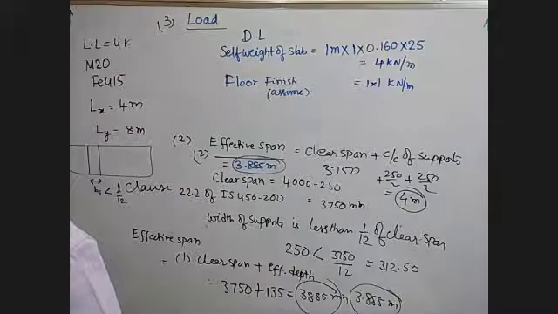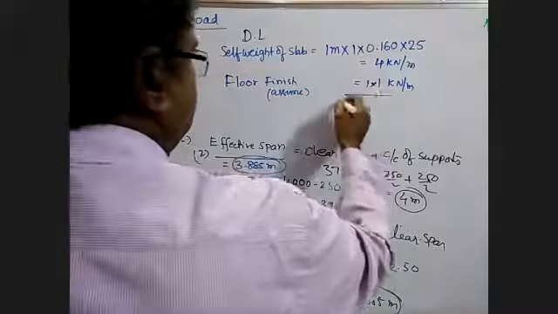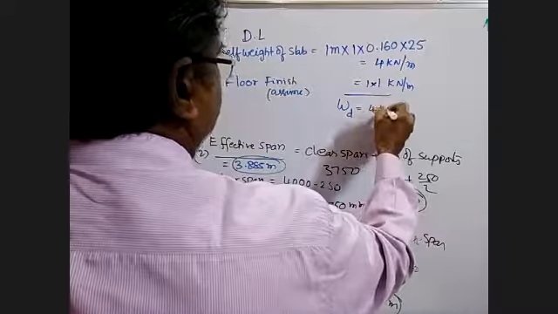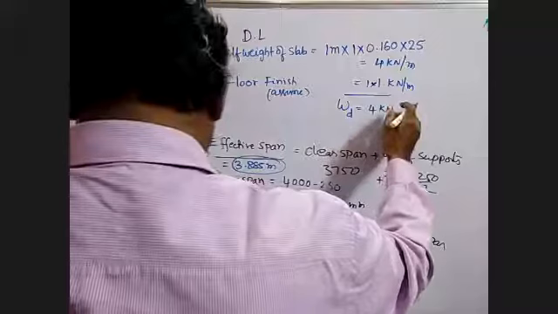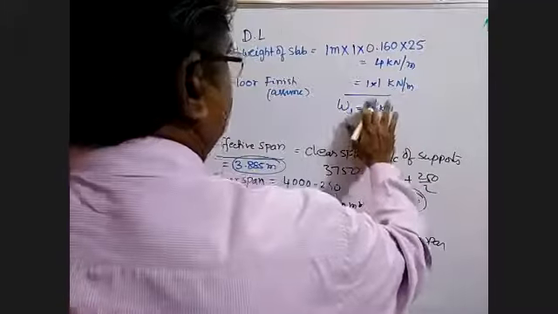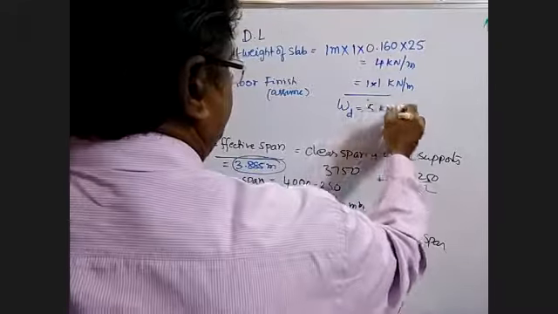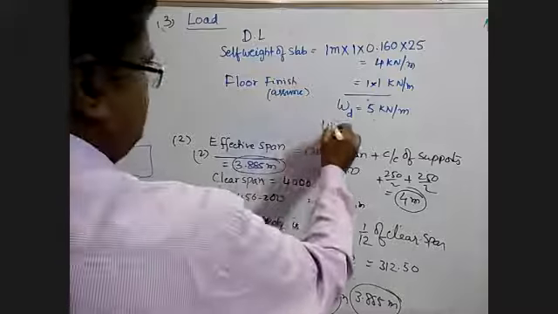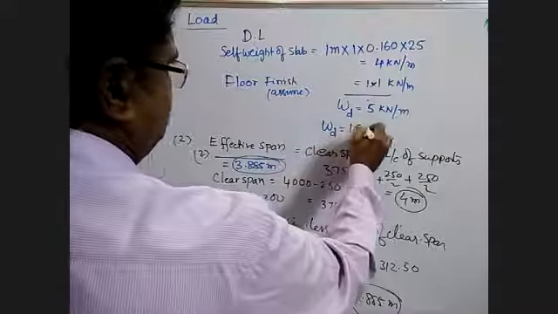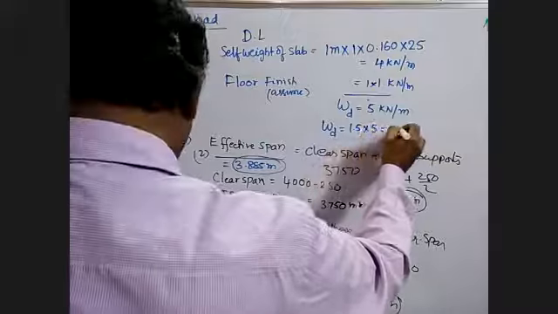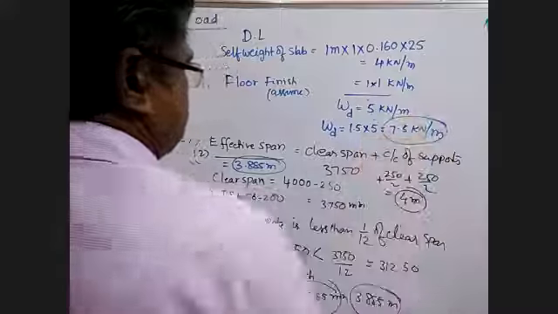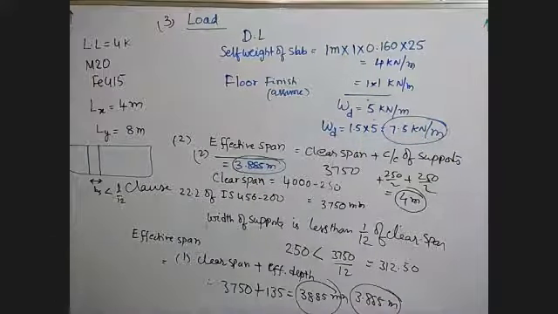Now WD is the dead load, 4 plus 1, that is 5 kilonewton per meter. Now the ultimate load is 1.5 into 5, which is 7.5 kilonewton per meter. This is the dead load.